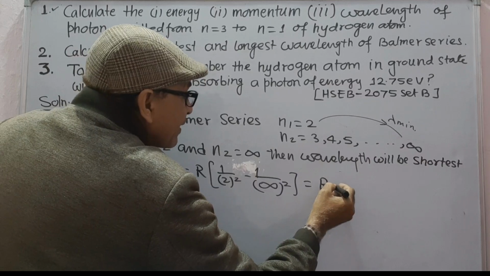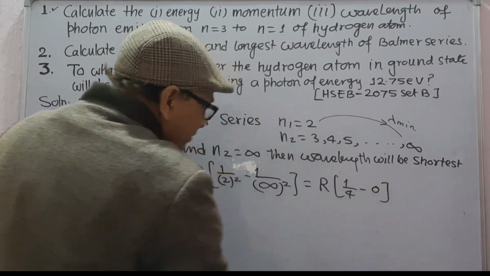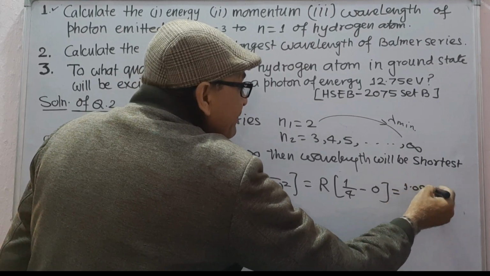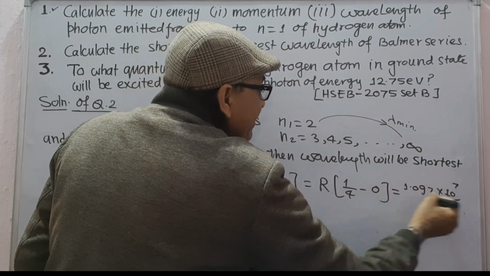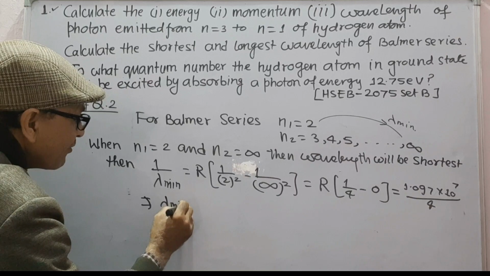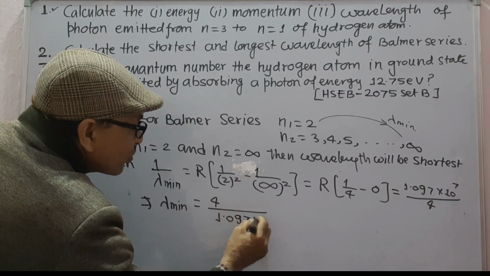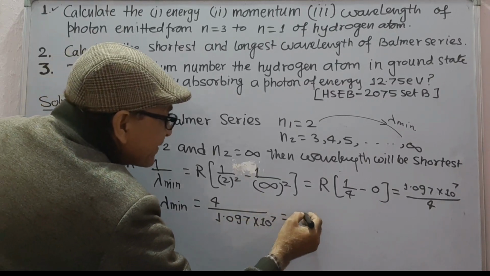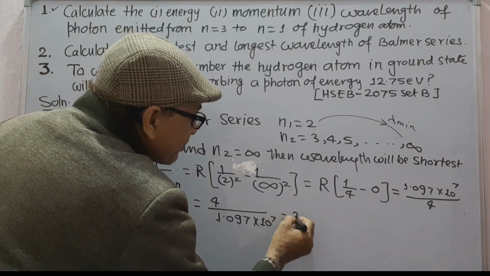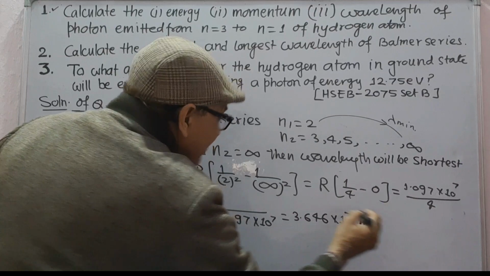So R into 1 upon 4 minus 0, which gives R by 4, means 1.097 into 10 to power 7 by 4, which gives lambda minimum as 4 divided by 1.097 into 10 to power 7, which is 3.646 into 10 to minus 7 meter.